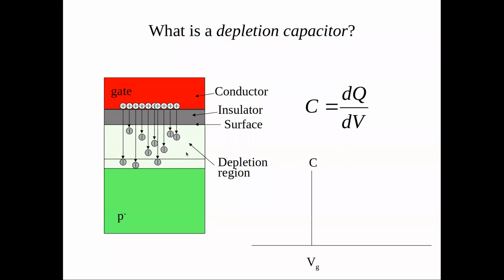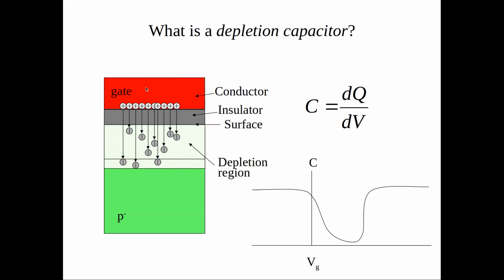And if you plot the capacitance as a function of the gate voltage, you see that in accumulation mode, it's constant. There is no charge that can flow. In the depletion, in the weak inversion mode, it actually changes. The reason is that the thickness of this region changes with the gate voltage.